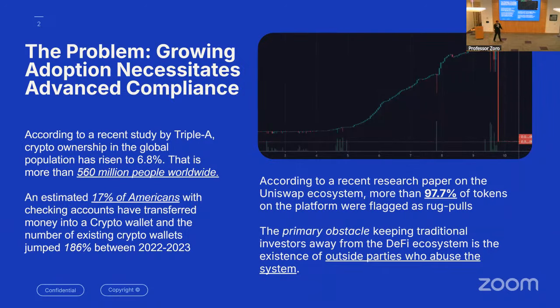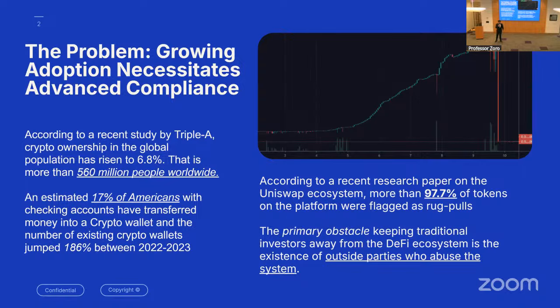According to a sample taken out of the Uniswap ecosystem, they found that 97.7% of the tokens they sampled showed signs of being fraudulent. Let's say that number again, 97.7. That's almost all. And someone who is familiar with this market may not even find that too surprising, given that the graduation rate for tokens is, year after year, at or under 2%.